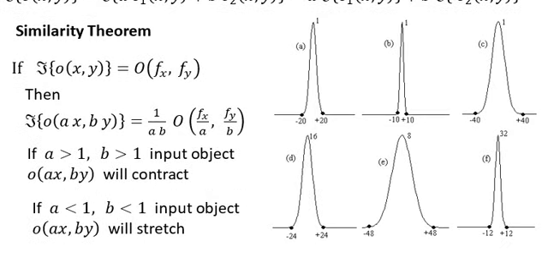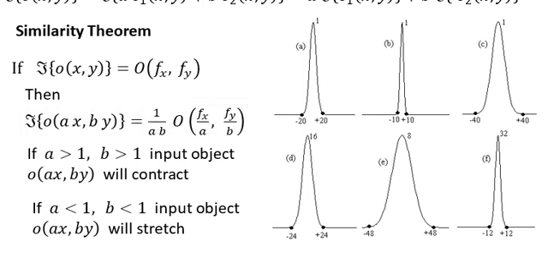Now we have the similarity theorem. First we assume that the Fourier transform of small o at x, y is equal to capital O at fx, fy. Then the Fourier transform of o at ax, by is equal to 1 over ab multiplied by the original Fourier transform of the object, capital O, but at fx over a, fy over b.